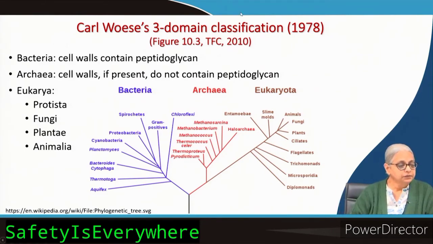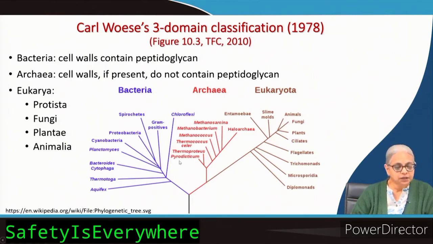Bacteria and archaea are both prokaryotes, and the difference between them is that peptidoglycan is present in eubacteria or bacteria, while archaeobacteria do have cell walls, but they do not have peptidoglycan.